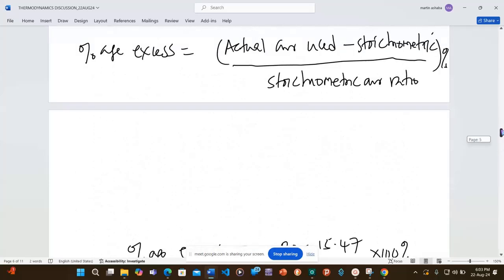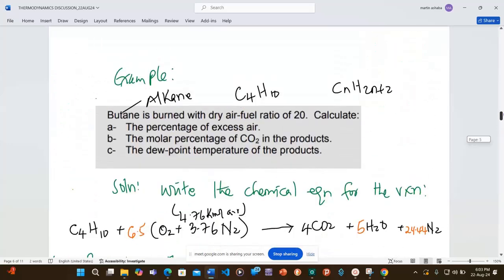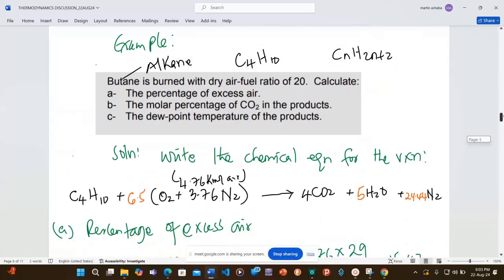That's basically what it means. So we have answered part A, and let us look at part B.